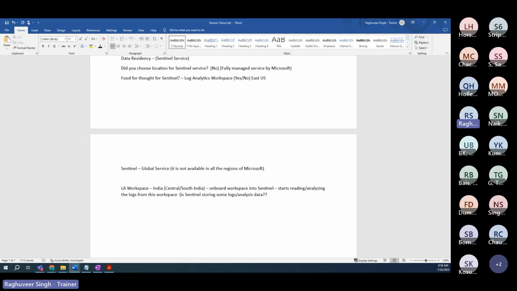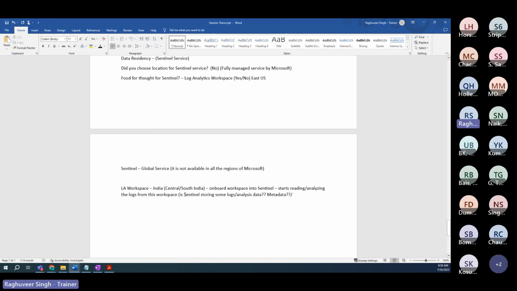We can call it metadata also. See, Sentinel is reading logs from Log Analytics Workspace, doing the analysis, presenting you the results on the dashboard based on the solutions, connectors and analytics rules that you configured, and you will see the incidents.